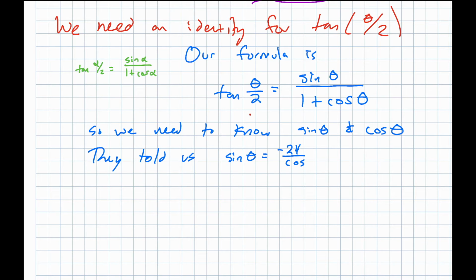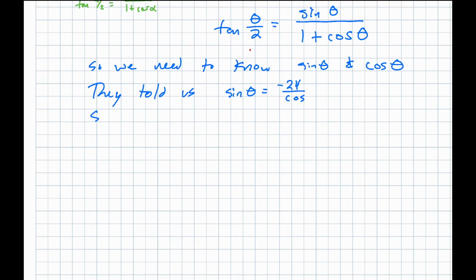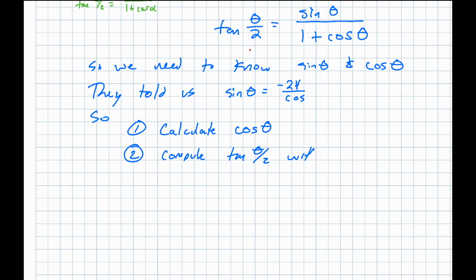We need to calculate cosine theta because we don't have it right now. And after that, we can calculate tangent theta over 2 using our formula.